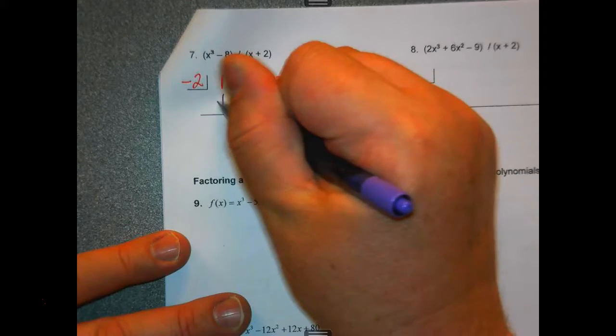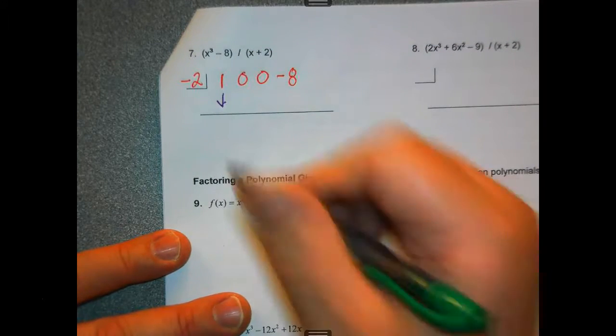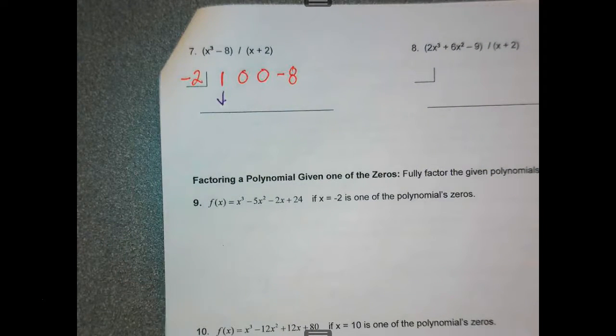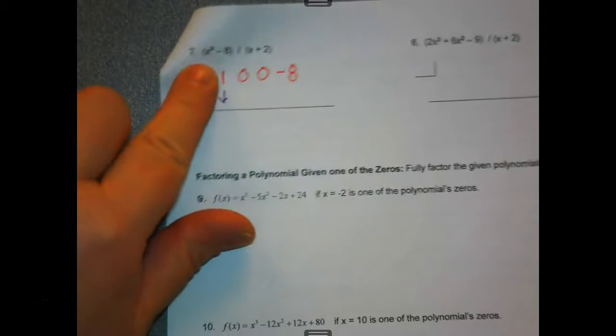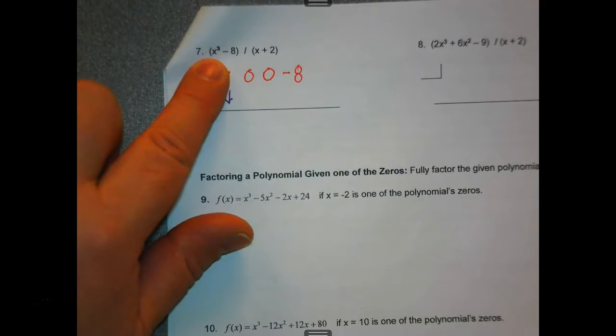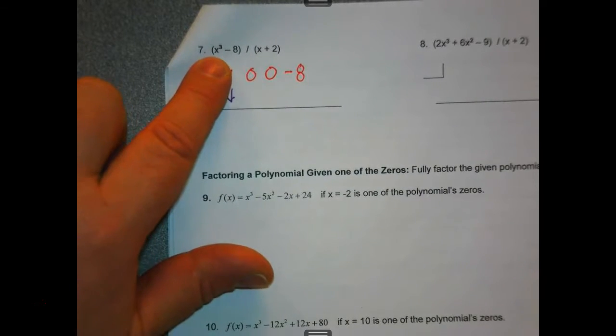Bring down the 1. Because I need the coefficient of all of my variables to use synthetic division. X cubed is 1 times x cubed. All right.